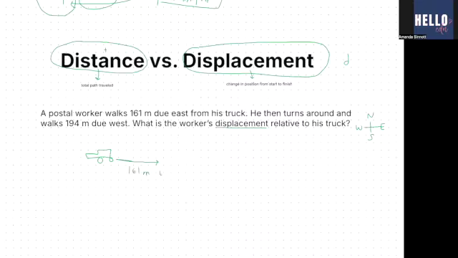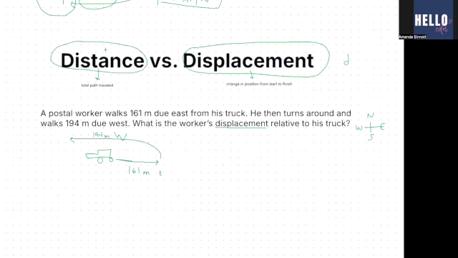It turned around and went 194 meters west. So the worker went 161 meters away from the truck and then came back 194 meters toward the truck.